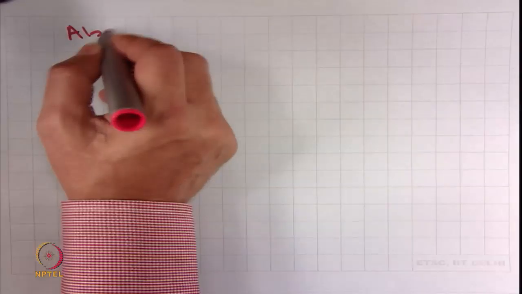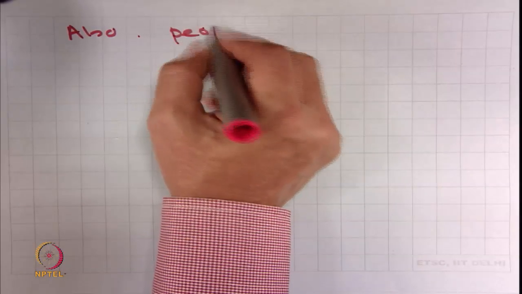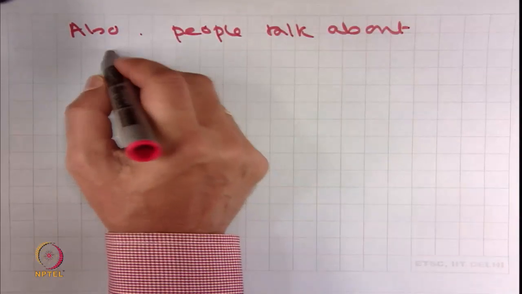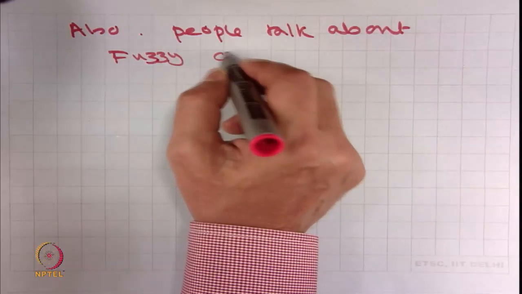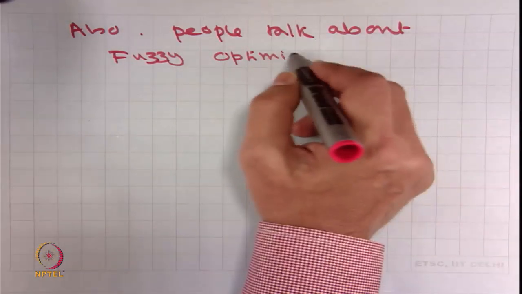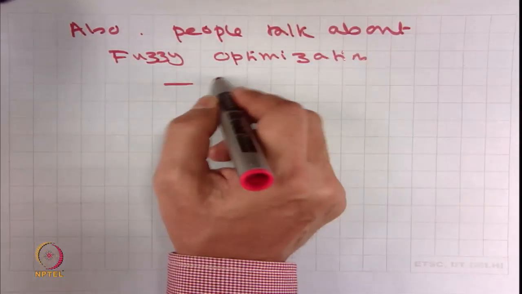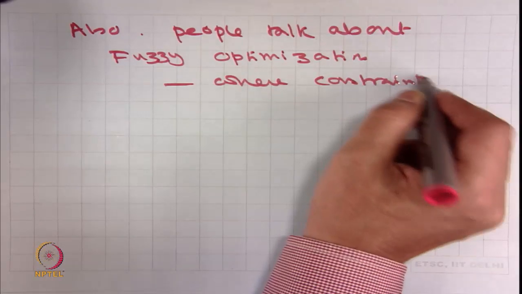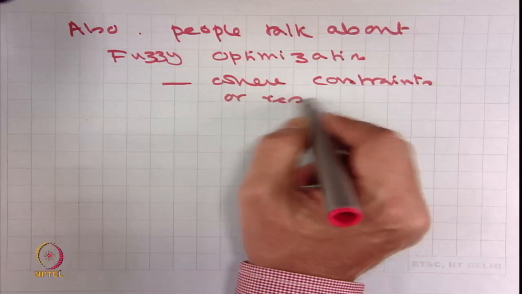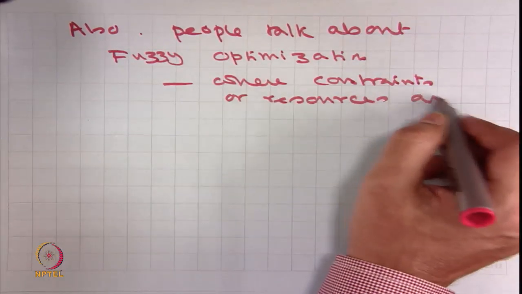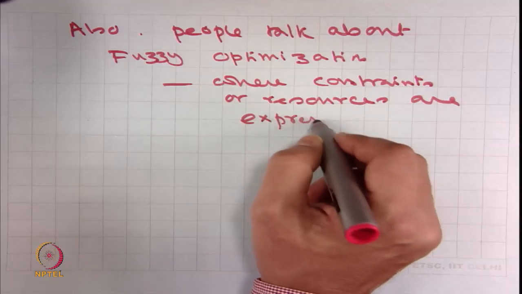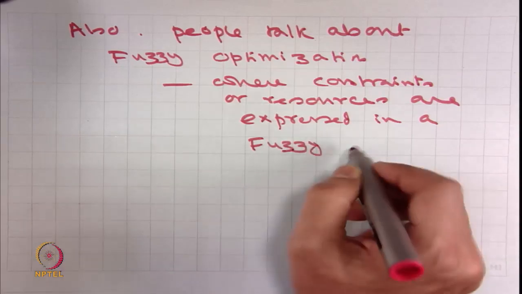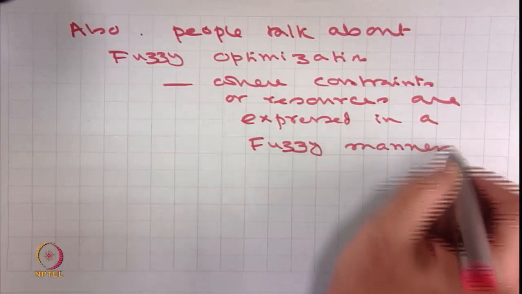Also, people talk about fuzzy optimization, where constraints or resources are expressed in a fuzzy manner, like that.